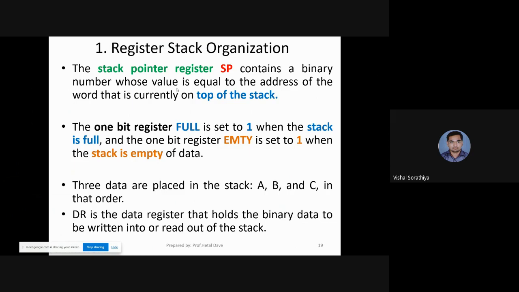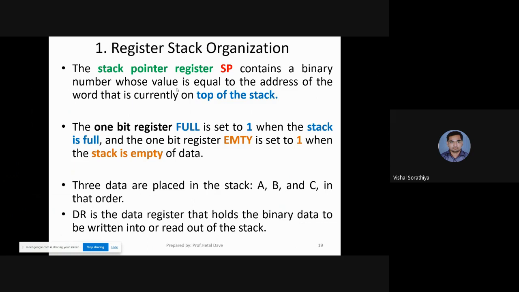The 1-bit FULL is set to 1 when the stack is full, and the 1-bit EMPTY is set when the stack is empty of data. Three data items A, B, and C are placed into the stack in that order. DR is the data register that holds the binary data to be written into or read out of the stack.